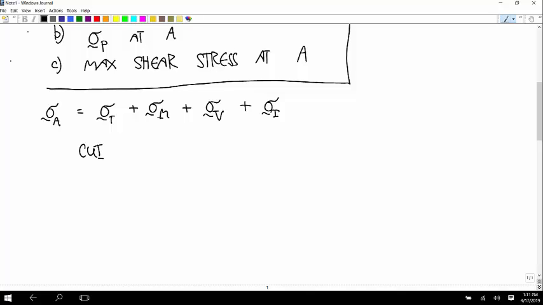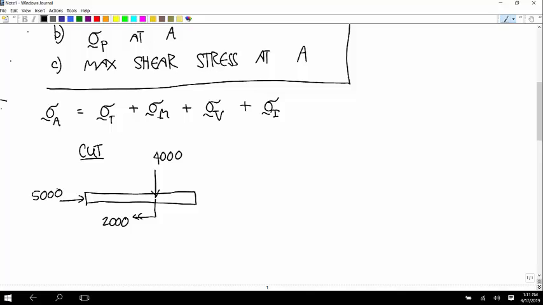Okay, so we'll do the cut. We have the 4,000 Newton force, a torque of 2,000 Newton meters, the 5,000 Newton force here, and then we have a weight force. Now that we've chosen the cut we want to make, we can represent the weight force as a point force.